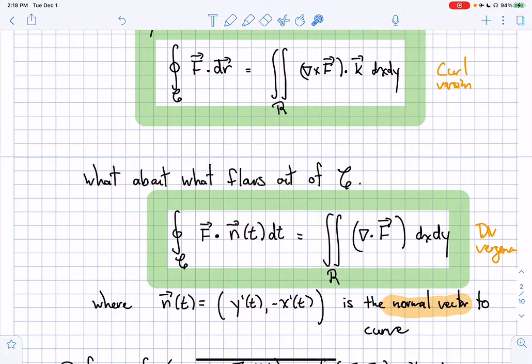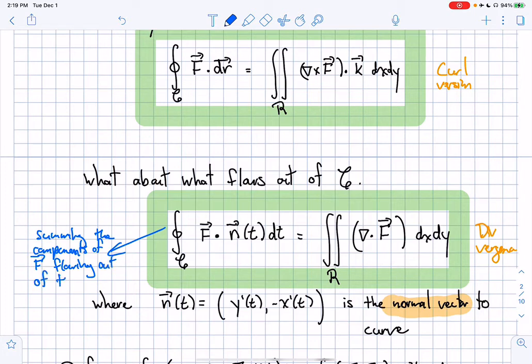If you do the dot product with the velocity vector x prime t, y prime t, this is going to give you 0. Okay, so that's the vector normal to the velocity vector. So what we're doing here is summing the components of F flowing out of the region.